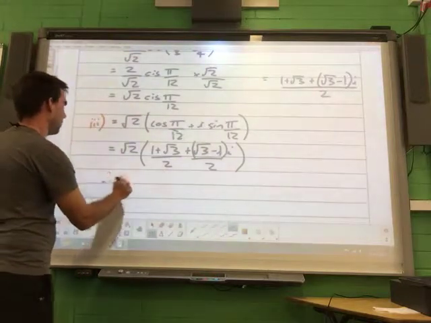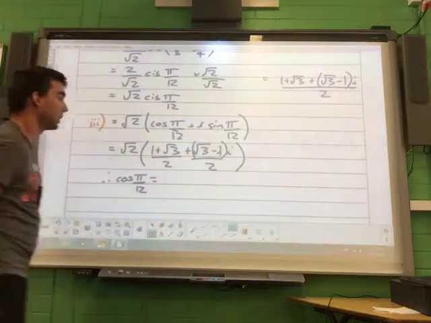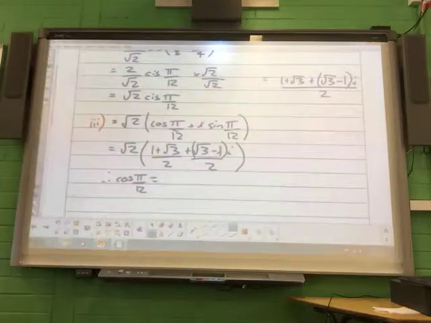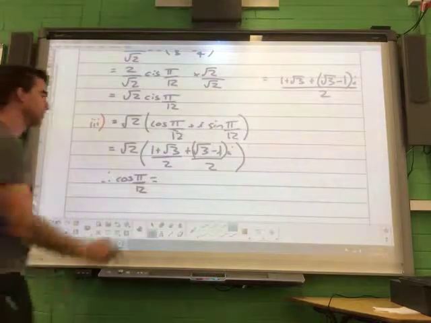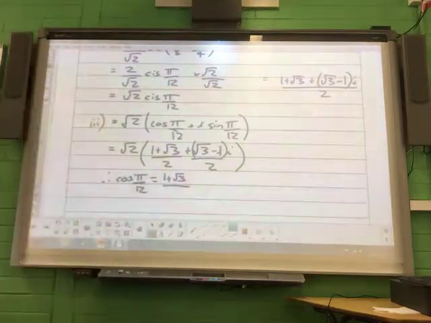So therefore, because pi on 12 is going to be the real part, 1 plus root 3 over 2 root 2. I'm now trying to remember how that works.